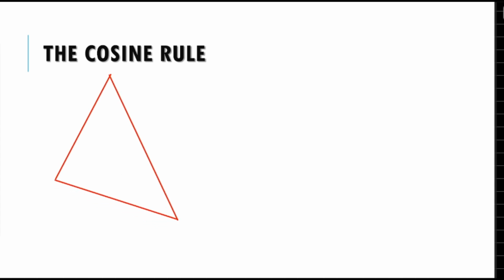We have a triangle this way. The angles are labeled with capital letters, and the sides facing the angles are small letters.